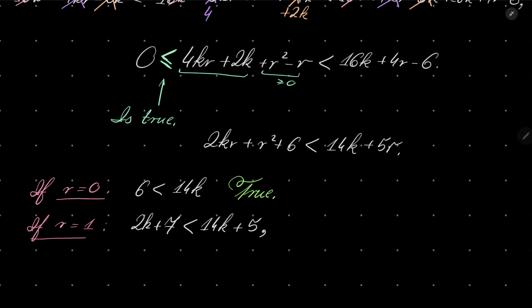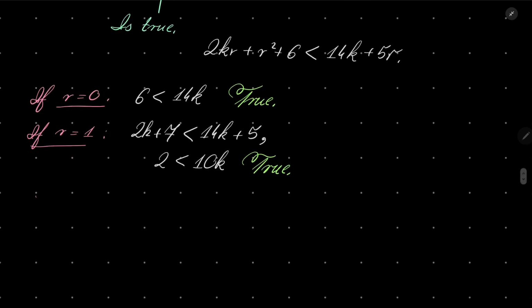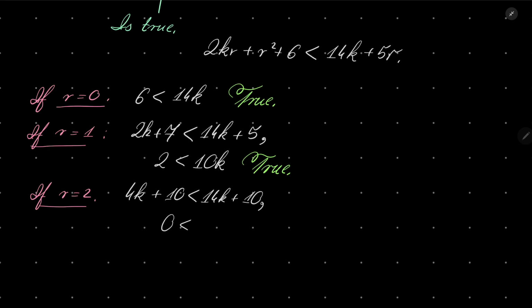In other words, 2 is less than 10k. Obviously true as well, for every positive integer. Next case, r equals 2. Well, then we have 8k plus 10 less than 14k plus 10.